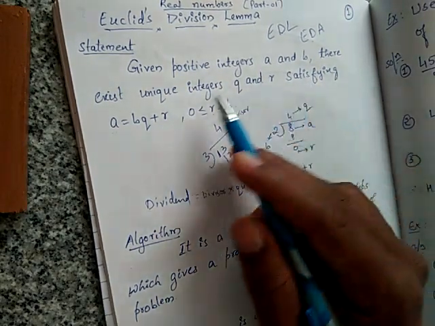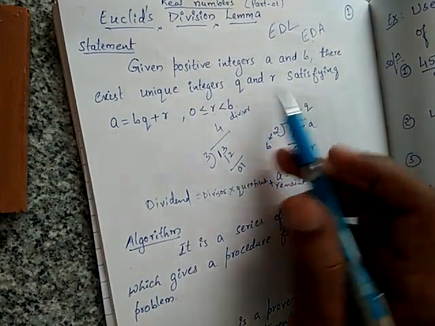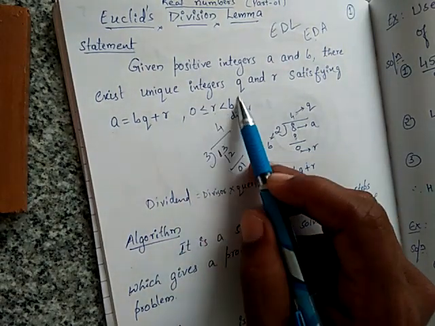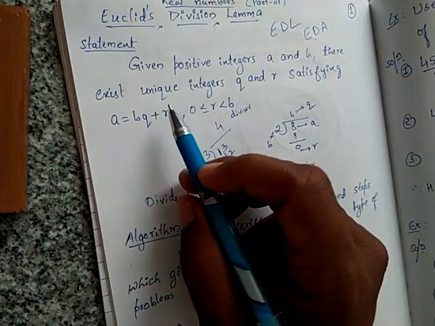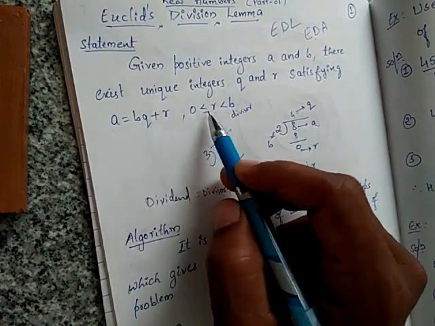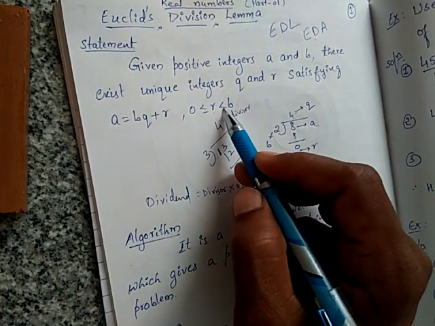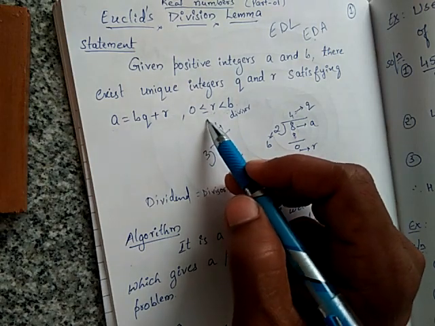There exist unique integers q and r, satisfying this condition. You have to remember this, very important. In multiple choice they may ask what the condition is. They may give a is equal to bq plus r, here 0 is less than or equal to r is less than b. The remainder should be strictly less than the divisor, and it may be equal to 0 or greater than 0.